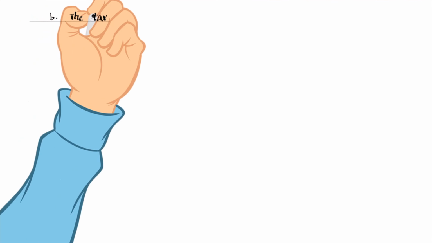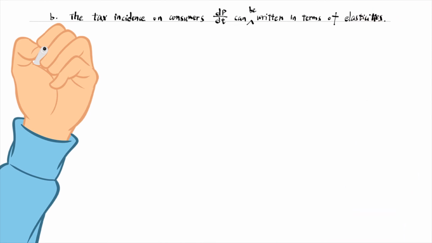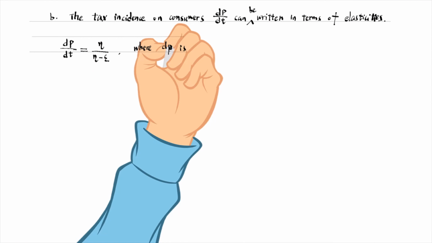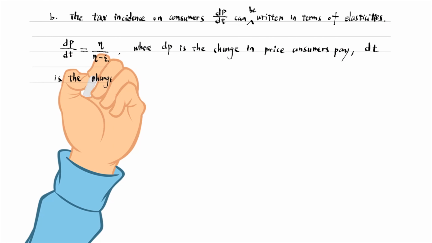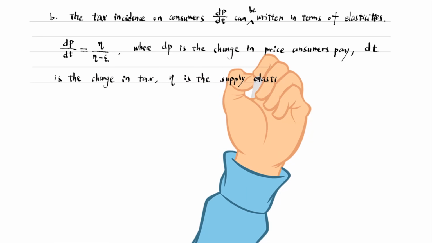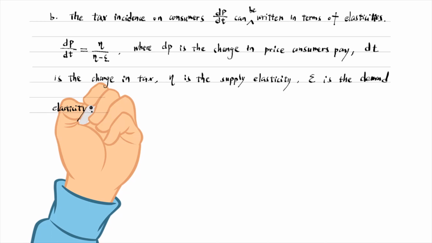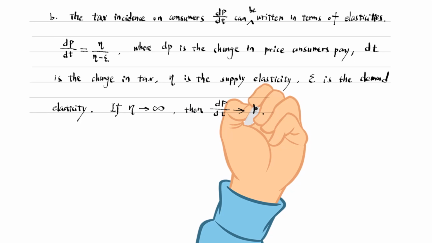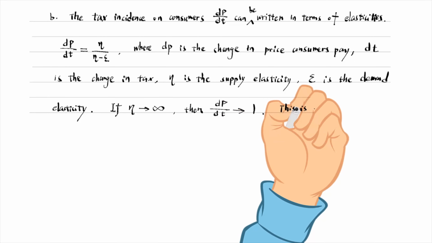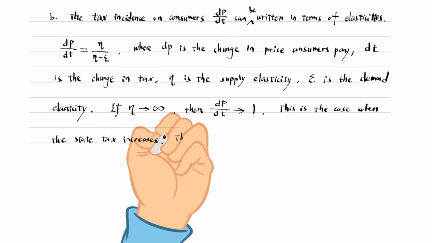The tax incidence on consumers can be written in terms of elasticities, where dP is the change in price consumers pay, dt is the change in tax, eta is the supply elasticity, and epsilon is the demand elasticity. If the supply elasticity approaches infinity, the tax incidence on consumers approaches 1. This is the case when the state tax increases.